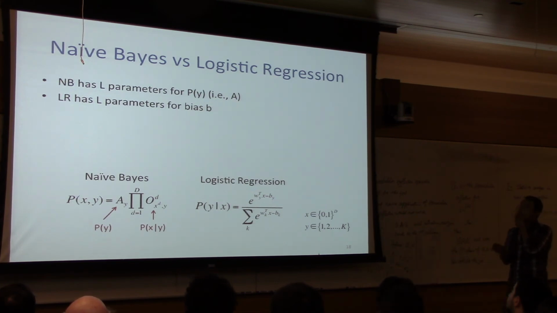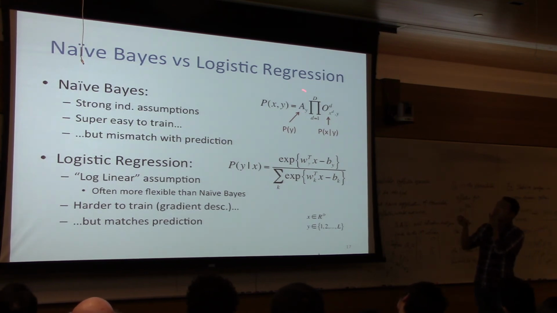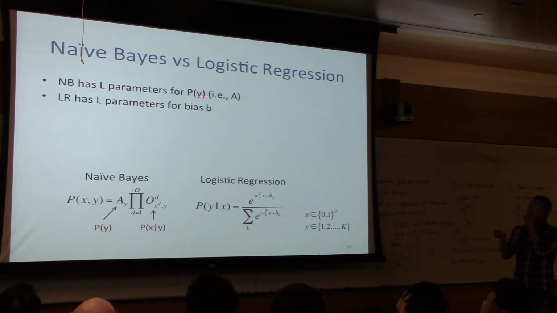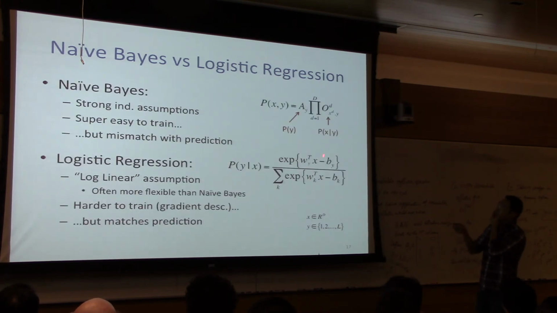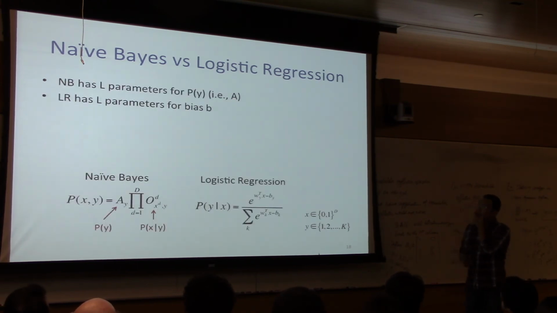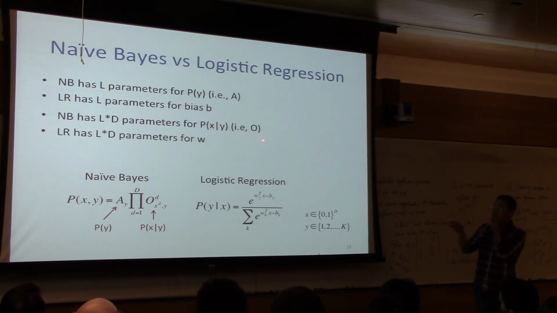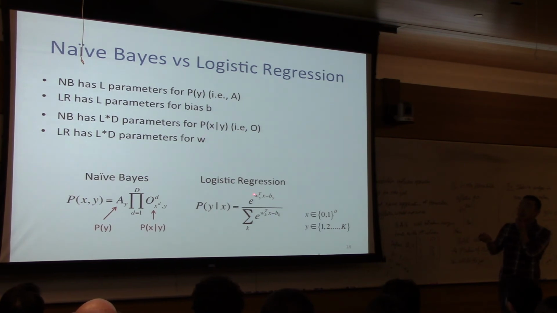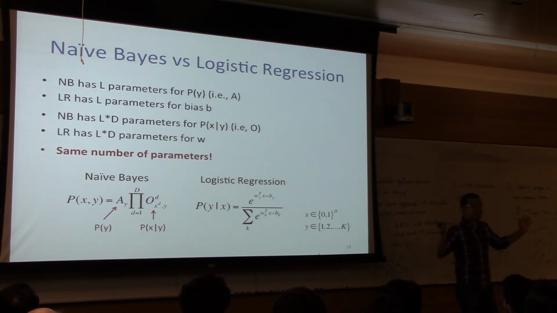If you think about the number of parameters between naive Bayes and logistic regression, looking at the first term, naive Bayes has L parameters, one for each possible Y. There are L possible Ys, right? And logistic regression has L parameters for the bias terms. Naive Bayes has L times D parameters for the probability table P of X given Y. Logistic regression also has L times D parameters, a W vector for each Y. They have the same number of parameters.